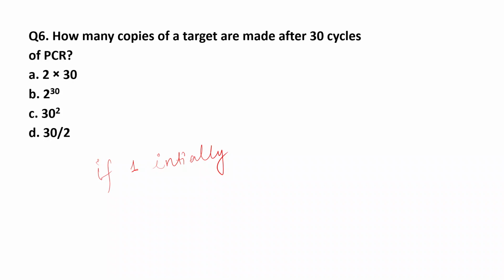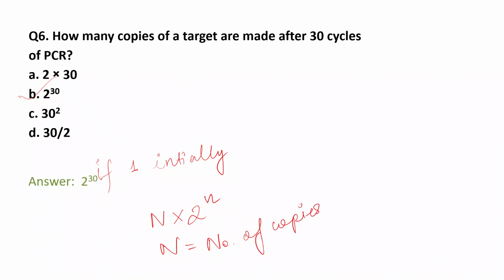So usually the answer is 2 to the power 30, assuming one copy initially. The formula is N times 2 to the power n, where N is the number of copies initially, and n is the number of cycles.